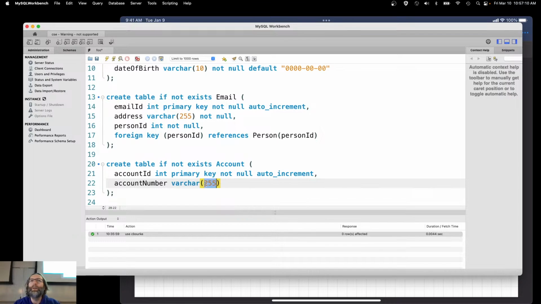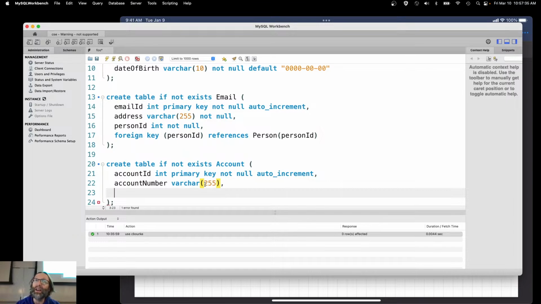Again, why am I doing 255? It's just historic reasons. Now, if you had a business rule in this accounting system that an account ID was at most 25 characters or always 25 characters, then you would put that in there. We don't have that information. I didn't bother to think about it, so I'm just going to go ahead and put 255 in there. In real life, you'd go back to the stakeholders and say, what is this?